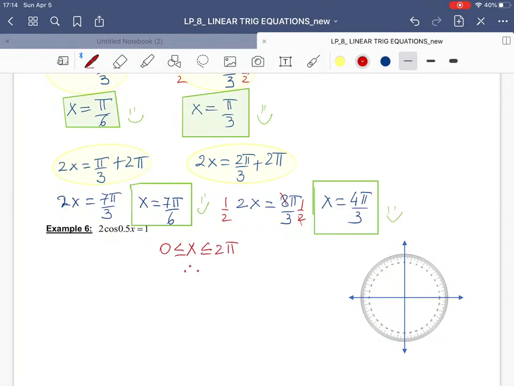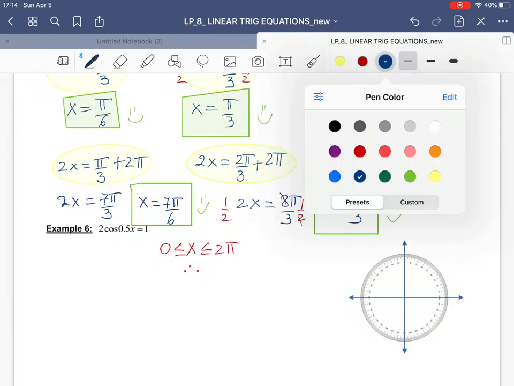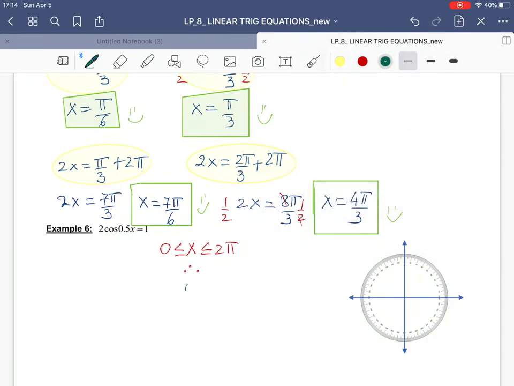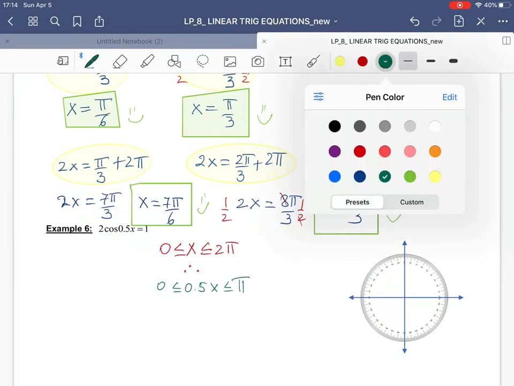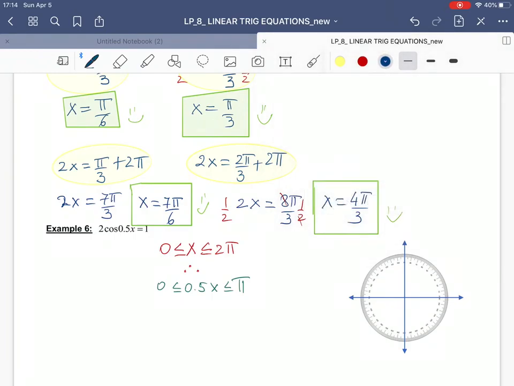So therefore, the domain for 0.5x would be between 0 and half of 2 pi, which is pi. So let's get started again.